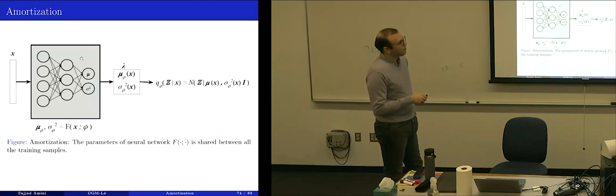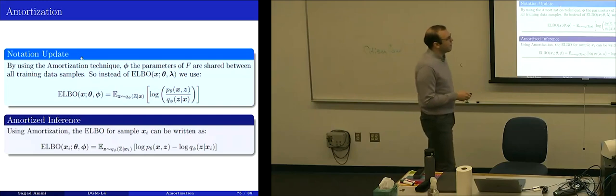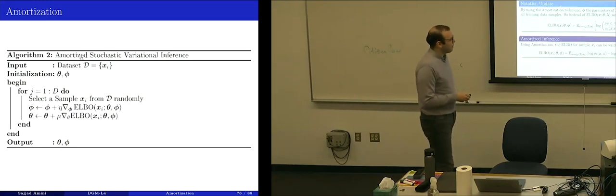So independent of the number of training data, you just have a network, and the number of parameters for that network is fixed. So this will solve the intractability with respect to the number of training samples.